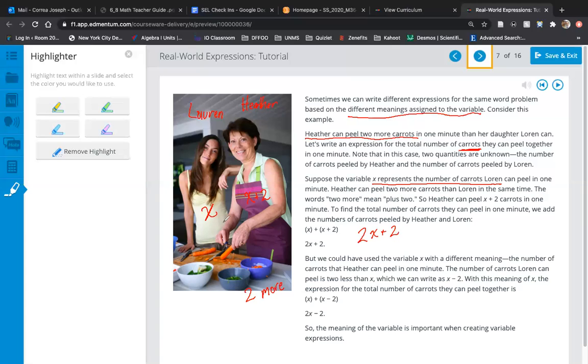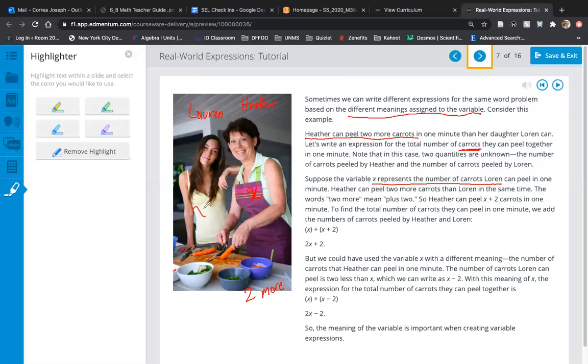But you actually end up with a different expression if instead of that, you say, let's let X represent how many carrots mom can peel. So if we're giving it a different meaning and now we're saying that X actually represents how many carrots her mom can peel, I know that if her mom can peel X carrots, mom peels 2 more, right?